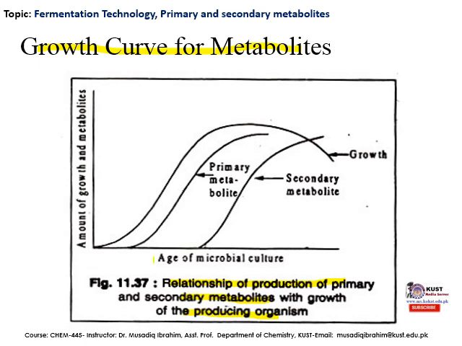On the x-axis you have the age of microbial culture, which is basically the time duration during which the microbes are growing along with the metabolites. And on the y-axis you have the amount of growth and metabolites.